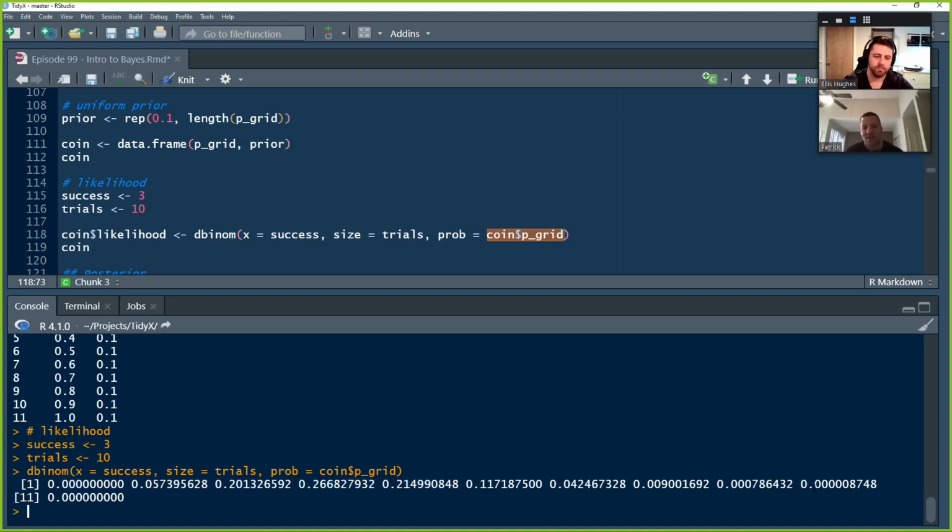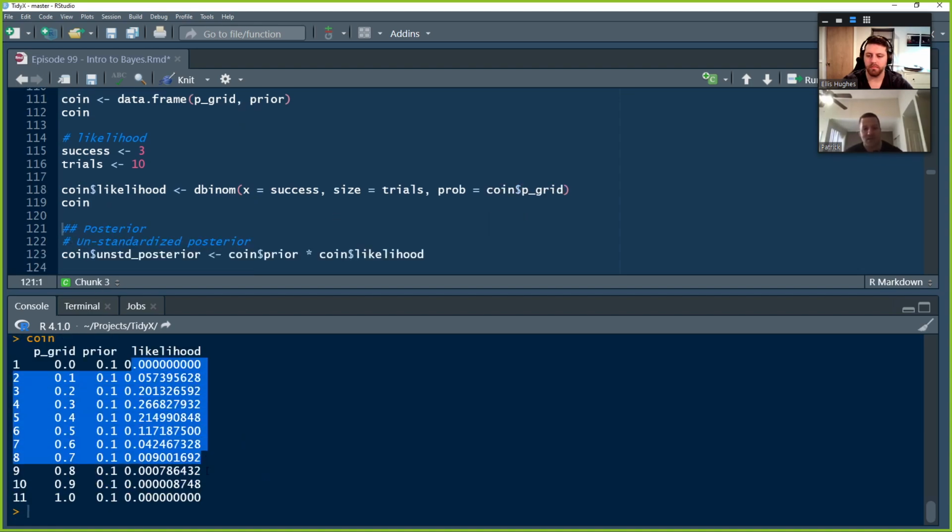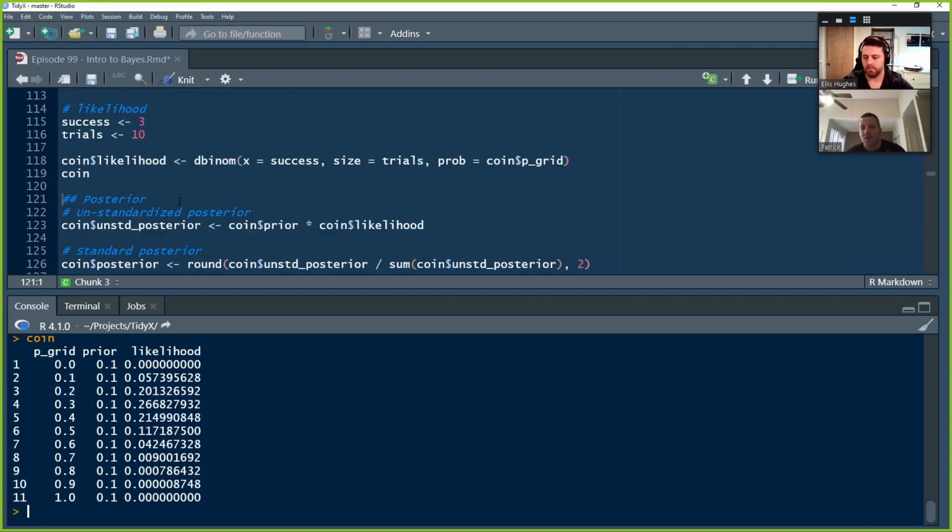And that's what we get. We get this string of likelihoods that we put into our data frame. So we have a hypothesis in column 1, our prior knowledge, which is uniformly distributed, in column 2, and our likelihood, our observed data, in column 3. And we're ready to get our little Bayesian engine going.